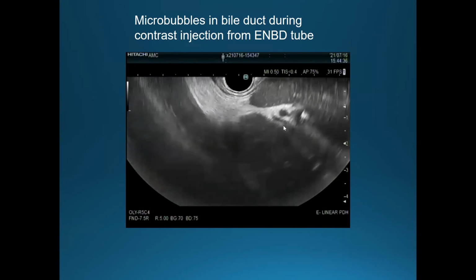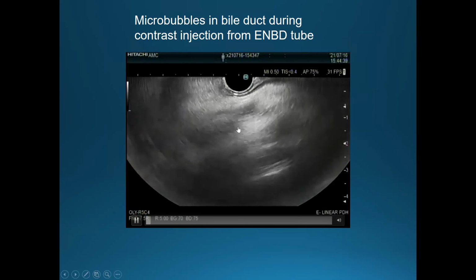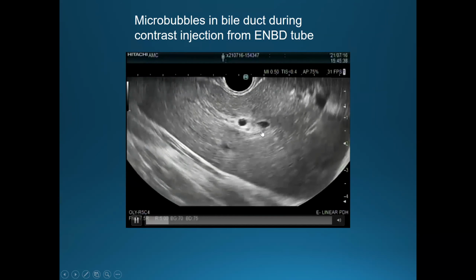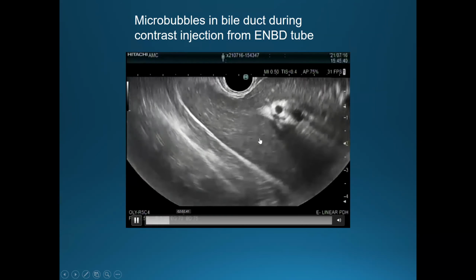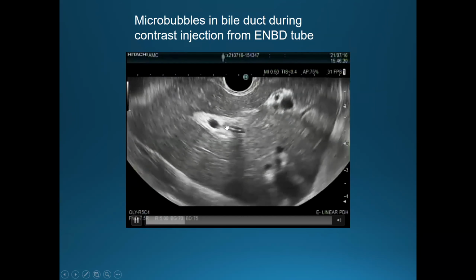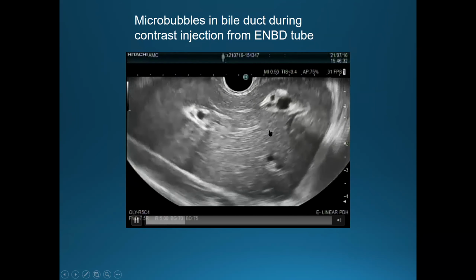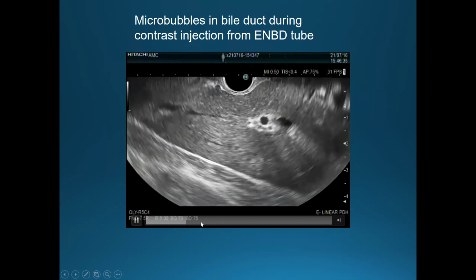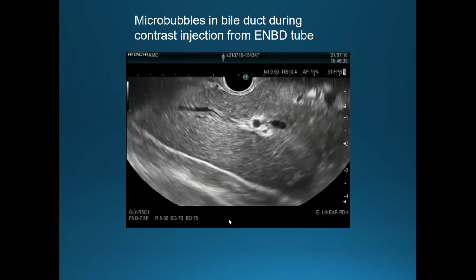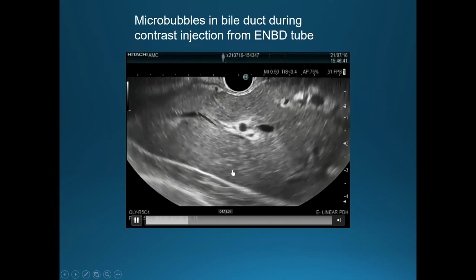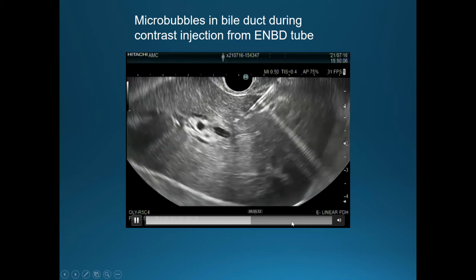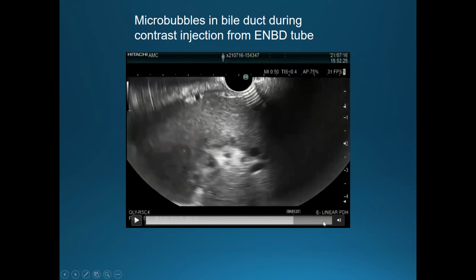When we inject contrast or saline inside the bile duct, we can choose the bile duct where the micro bubbles are. Here there is a little bit of micro bubble, and there is some echogenic debris here. We can choose the best access point for EUS-guided HGS using the EMBD tube. Here is the puncture of the B3 position. Then finally we performed the HGS stent here.